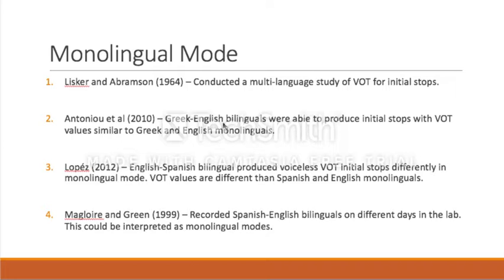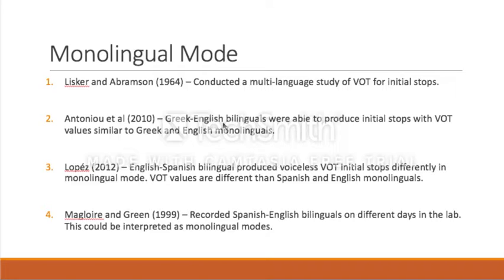The second study here is Antoniou et al., 2010, and they used Greek-English bilinguals. They were L2 dominant English speakers living in Australia but had learned Greek from birth. Greek is actually their L1.